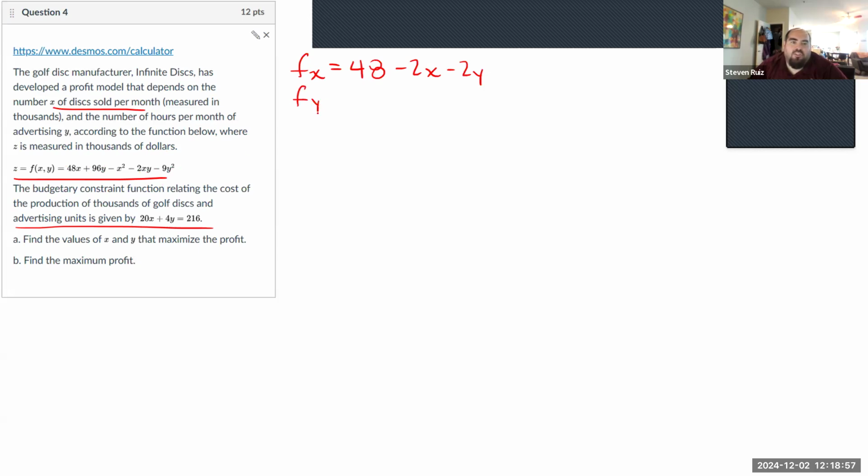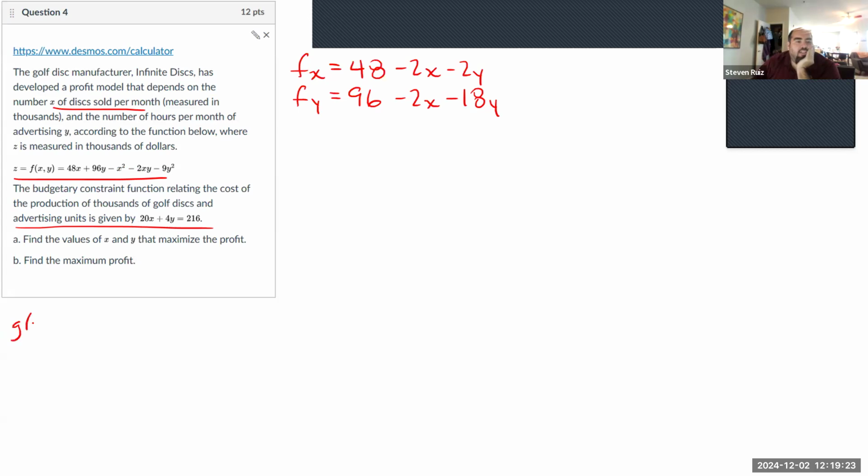Okay, so partial with respect to y, what happens there? I get 96. The x squared vanishes. I get minus 2x again. And then the negative 9y squared becomes negative 18y. So those are my partials for f. The other thing I have to worry about is my constraint.